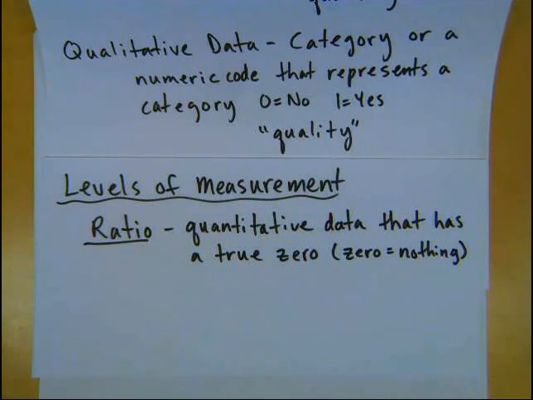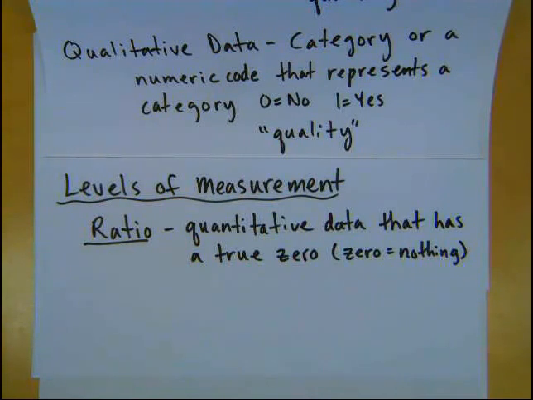So when we talk about a true 0, temperature, at least Celsius and Fahrenheit, doesn't fall into the ratio category, because that's an arbitrary scale that man made up. Now there is one that has a real 0 for temperature. Anybody know that one? Kelvin. At 0 Kelvin, there's nothing there. So that is one of the few temperature measurements that is ratio.